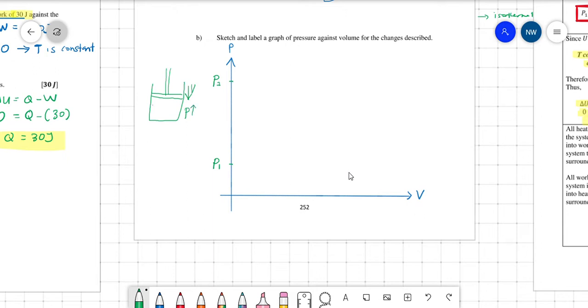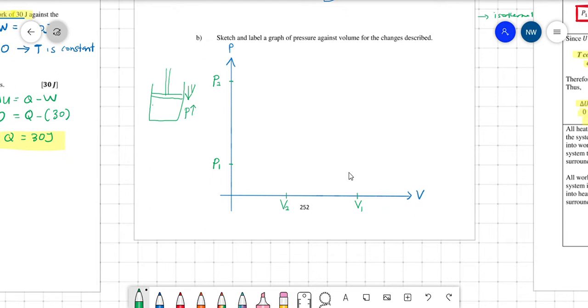Therefore, P2 is higher than P1. For volume, V2 would be smaller than V1 because we compress it, so V1 is higher than V2.